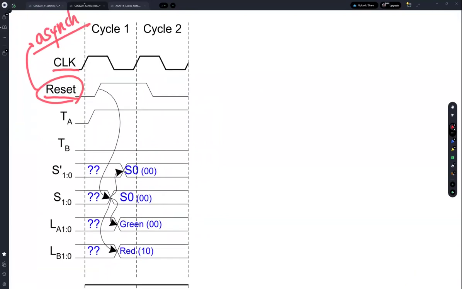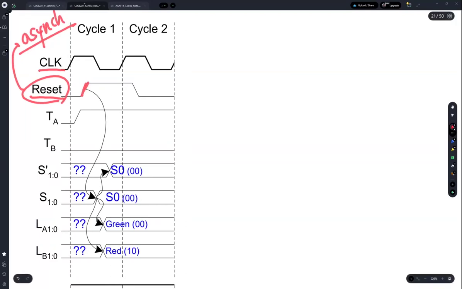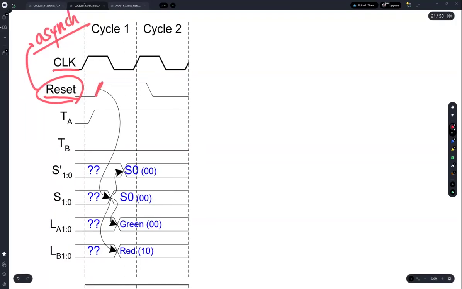So reset becomes 1. Then we can find S0. This is the current state, right? And this is S dash, the next state, and this is the current state.